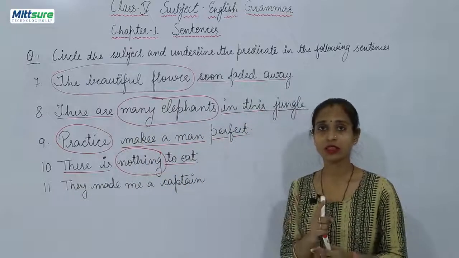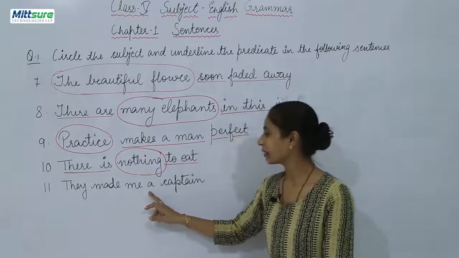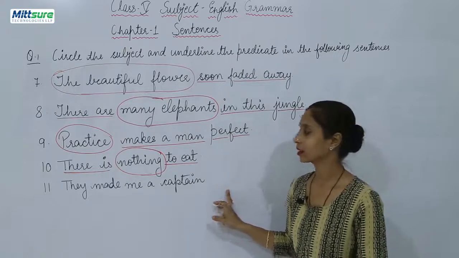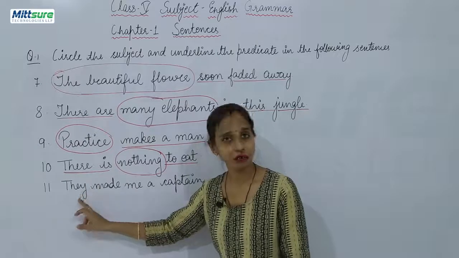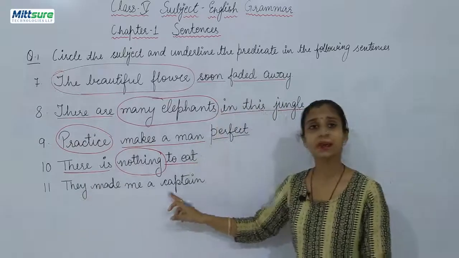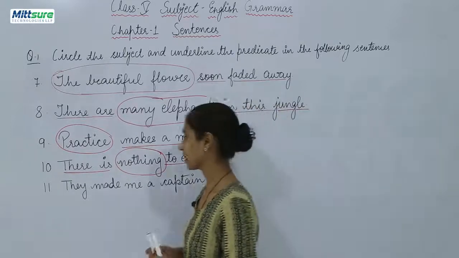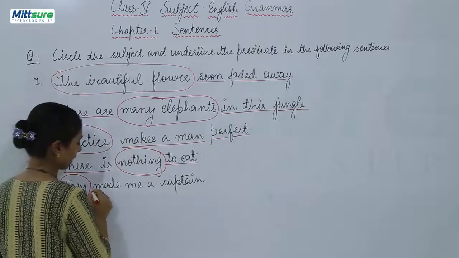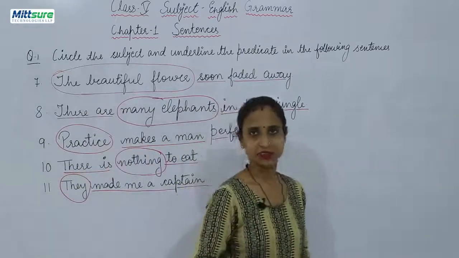Now ask the question who or what? Who made me a captain? What answer you are getting? They, right? So they will be the subject of the sentence and made me a captain will be the predicate of the sentence. So circle the word they.